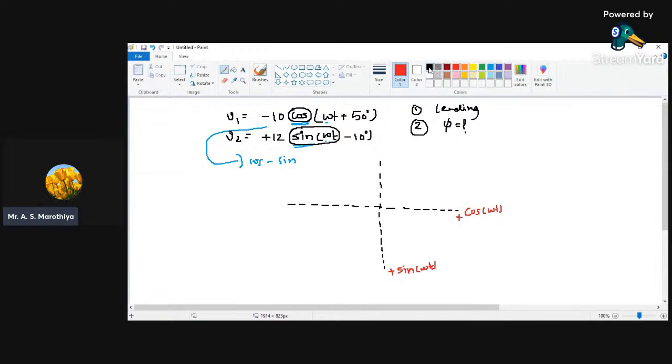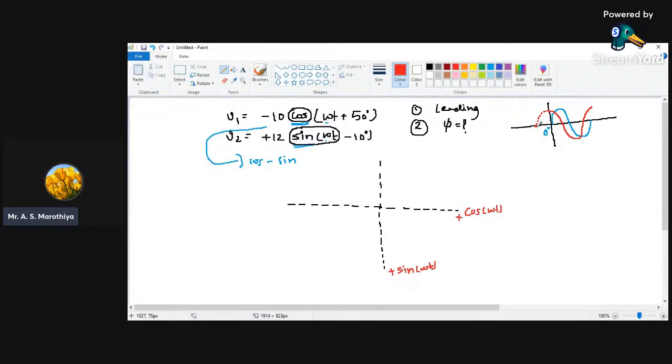See here, if you see the variation of cosine function and sine function, this waveform indicates sine, and it starts from 0 degree, and this waveform indicates cos. Now if you project this on the backward side, it is going to be like this.